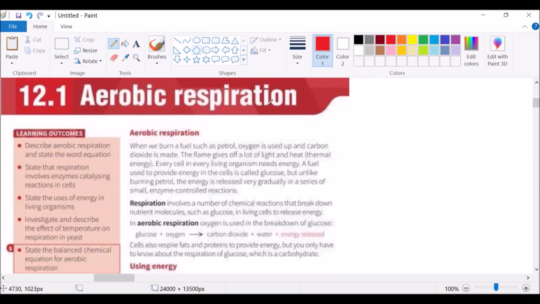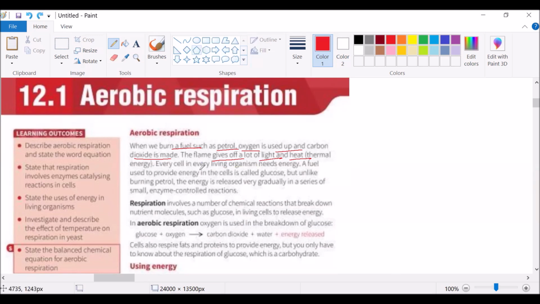Let's look at aerobic respiration. When we burn a fuel such as petrol, oxygen is used up and carbon dioxide is made. The flame gives off a lot of light and heat or thermal energy.